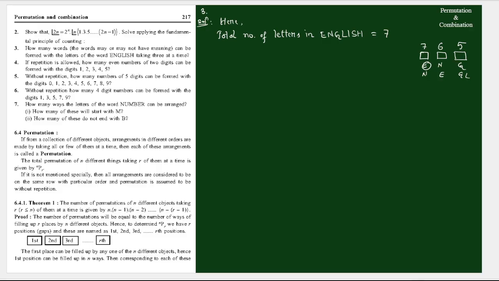Now we will write this in sentences. So the first place of the word can be selected in how many ways? Seven ways, right?